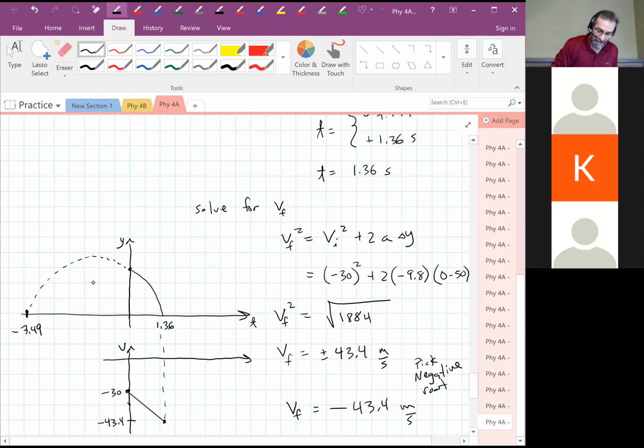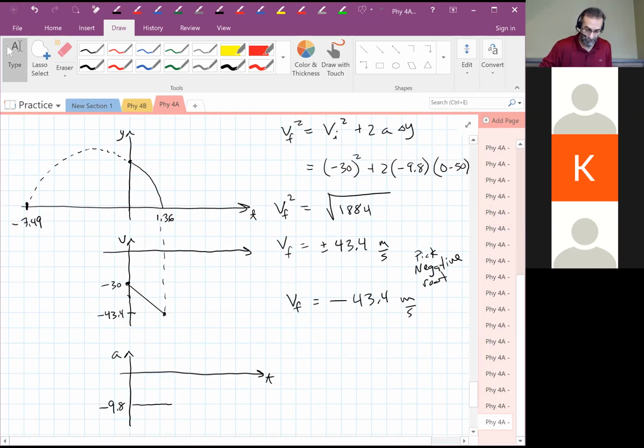Then it would come down, be at h at t equals 0, 7.49 seconds later, and 1.36 seconds after that, it would hit the ground. So that's why we get a negative root there. It's just filling in the parabola. It doesn't realize that you couldn't have gotten something before t equals 0. So we just ignore that.